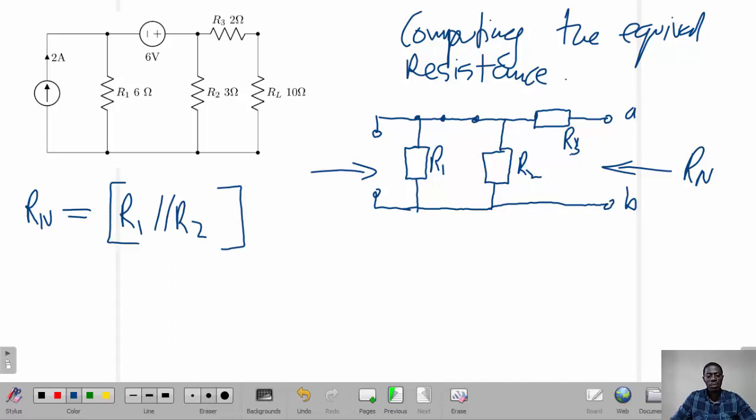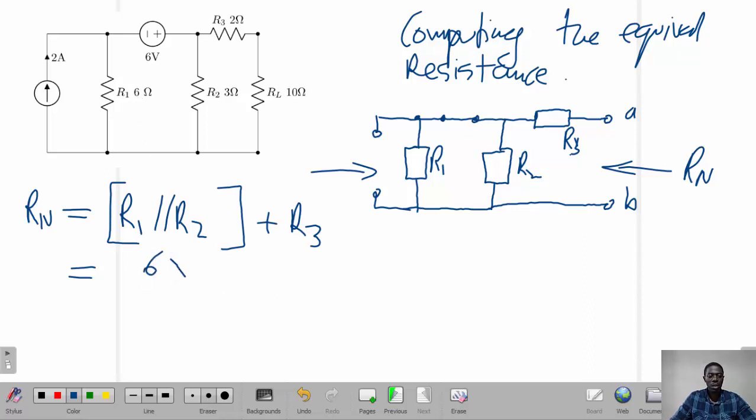when we find the combination of the resistances between R1 and R2 in parallel, then the equivalent resistance that we find here is going to be in series with the resistor R3, giving us the total resistance that way. And if you remember, R1 is 6.